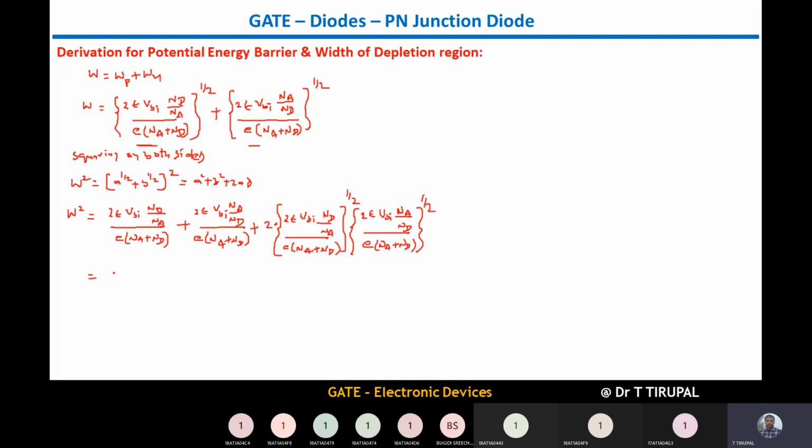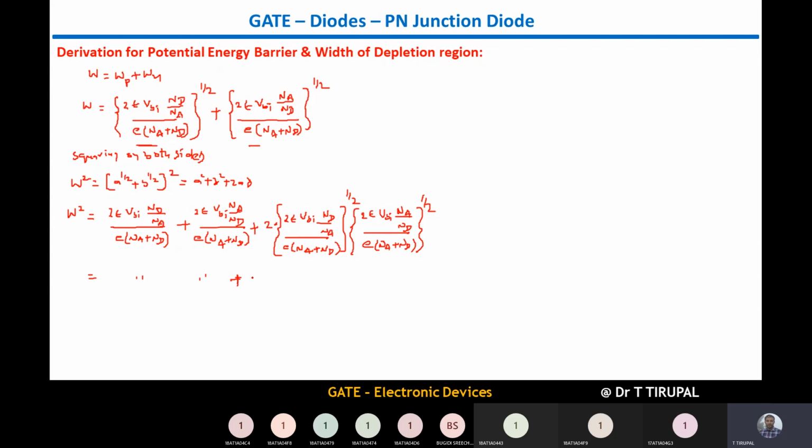Now that is equal to the same thing you write here, the same thing you write here, plus you simplify this one. What answer do you get? This is a square root, so I can make it a single square root.